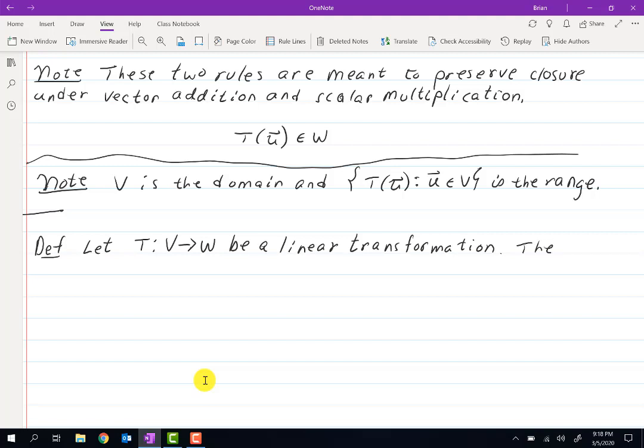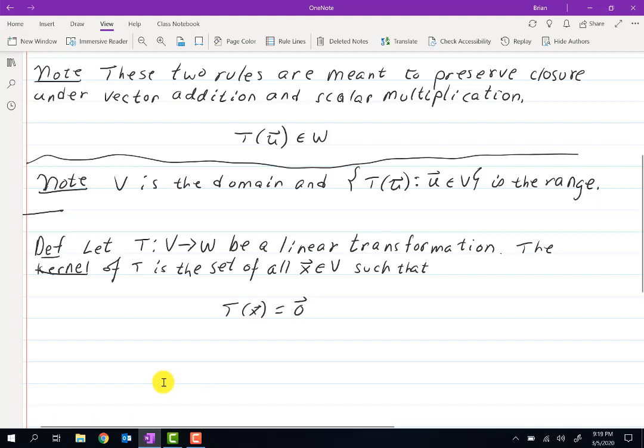The kernel of T is the set of all x in V such that T of x equals the 0 vector.